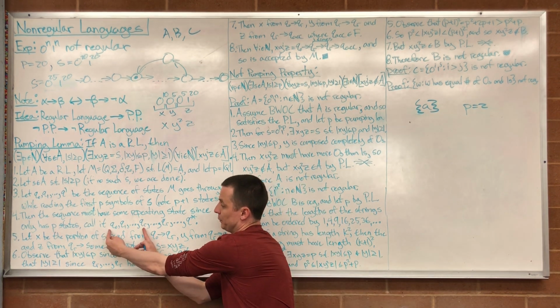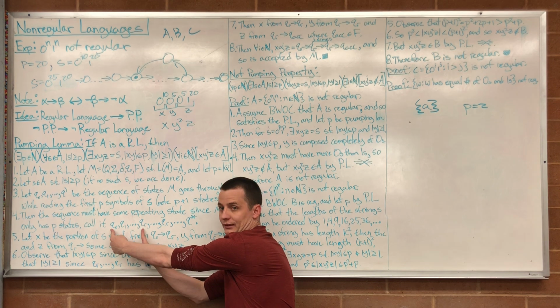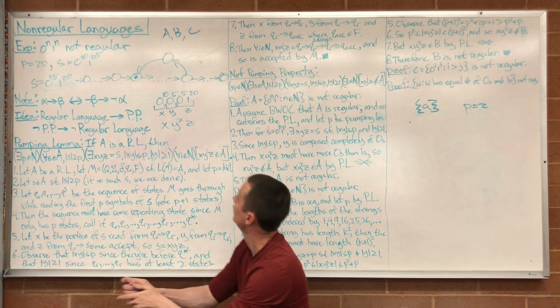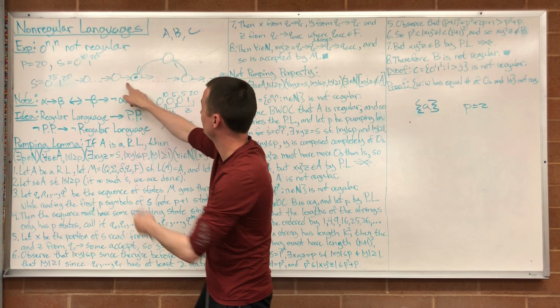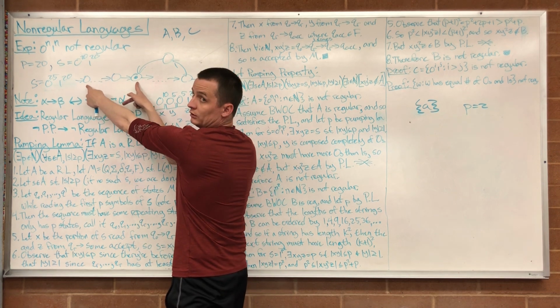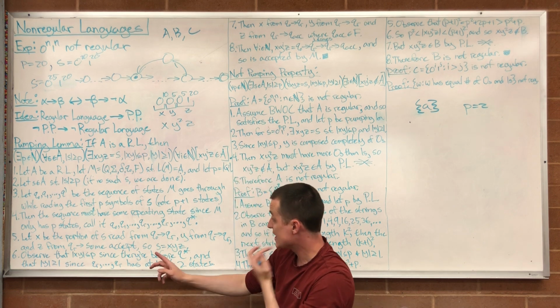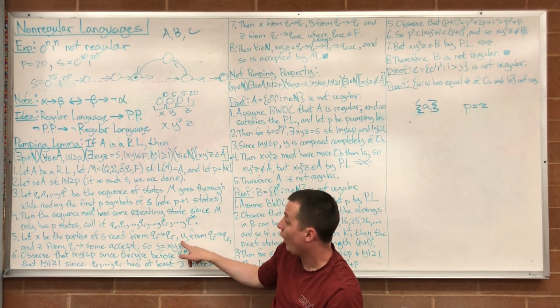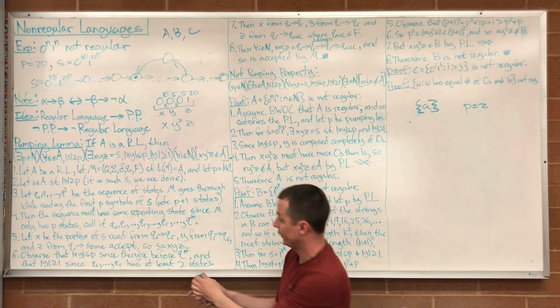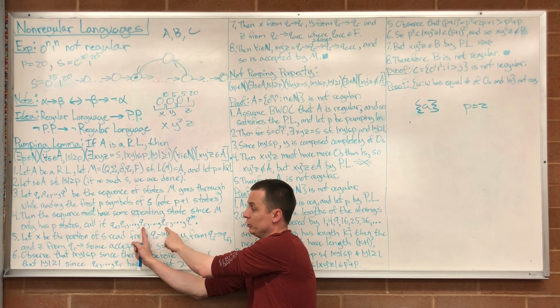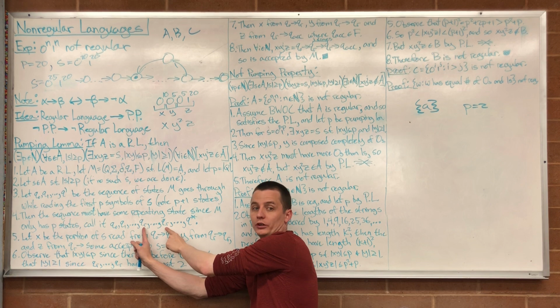So x is whatever portion of the string we read going from this state to this state. In our picture here, that was going from this state to here. That's R. Y is going to be the portion of the string going from QR back to QR. So whatever input symbols we read going from here to here, we're going to call Y.